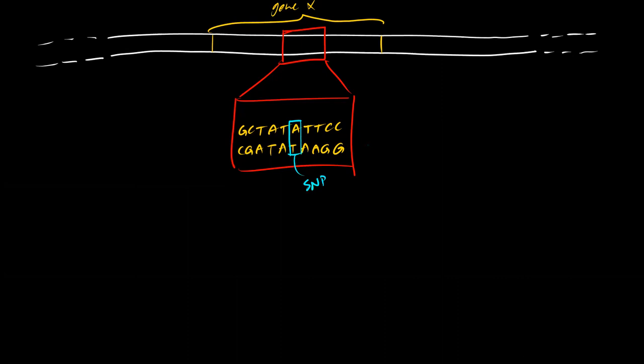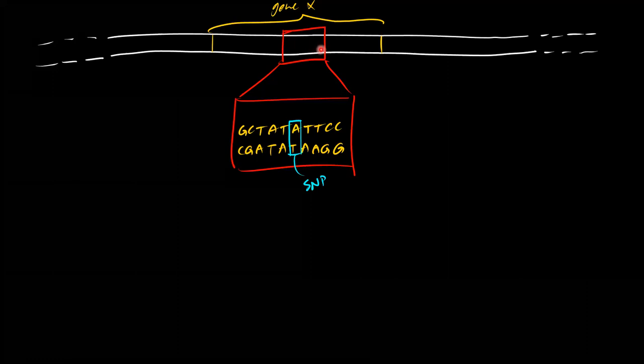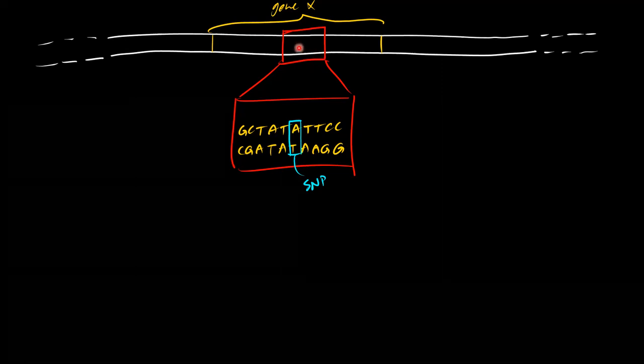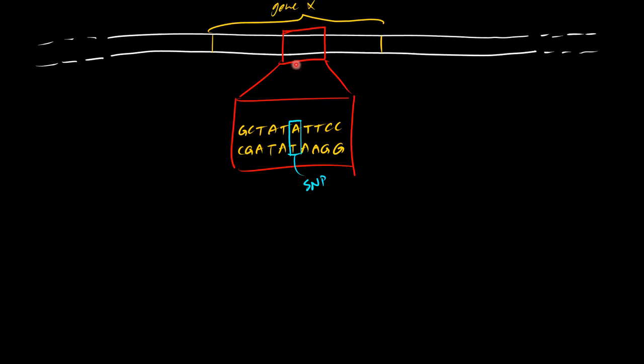Which means if we analyze the sequence of gene X in, let's say, a number of individuals or people, they might have different nucleotides at this location within the gene, only this location.